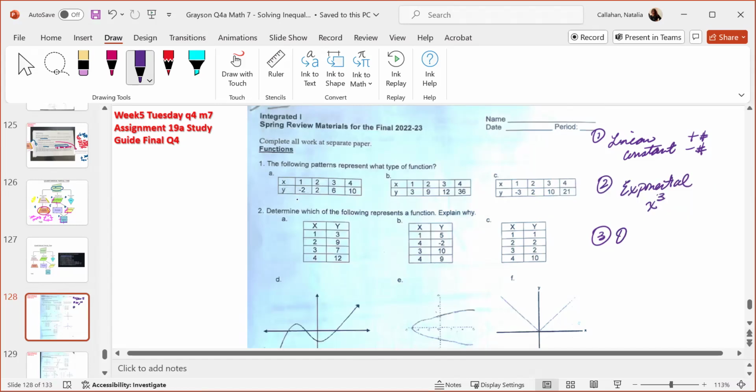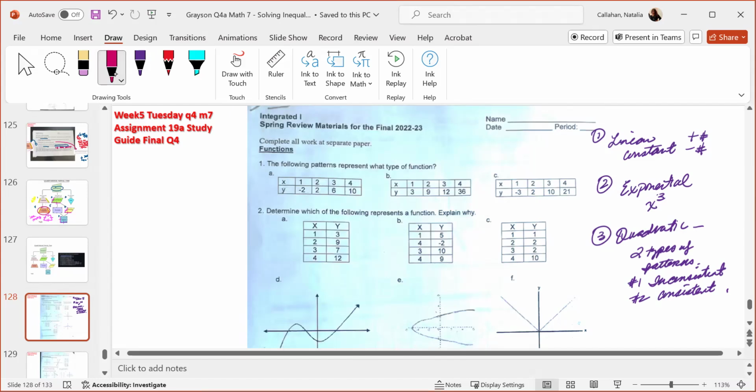And then quadratic. Remember, this one you have two types of patterns, right? It's inconsistent. That's the first one. And the second pattern is consistent. Remember that? All right, so let's go over this one.